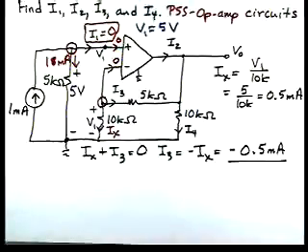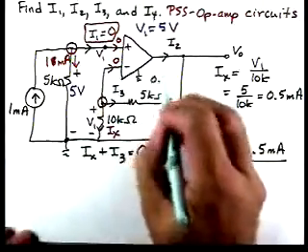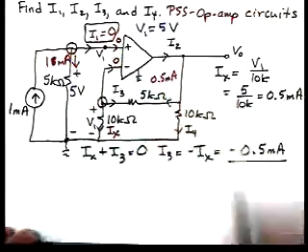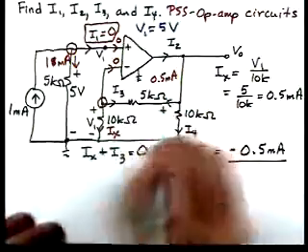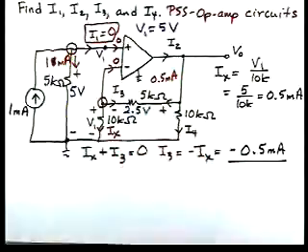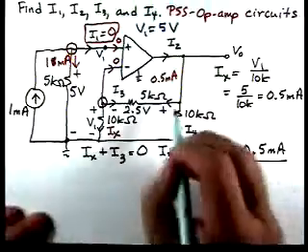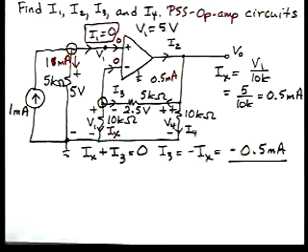And if we look, the current flow in this direction is 0.5 milliamps. Then the voltage across this resistor with this polarity is 2.5 volts. Now let's define a voltage V4 across the 10K resistor.